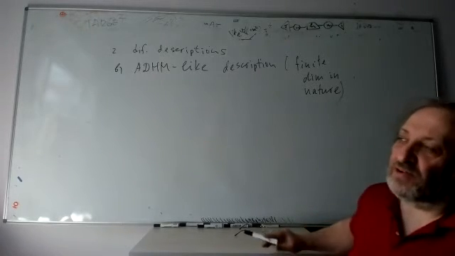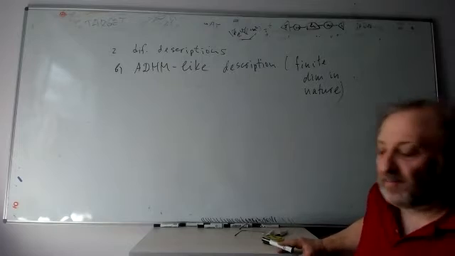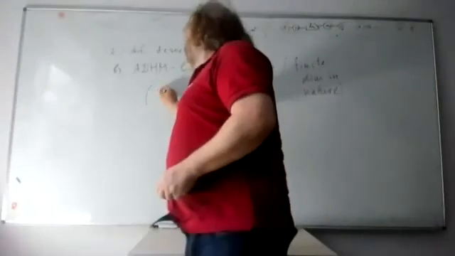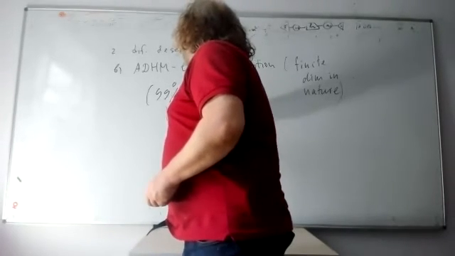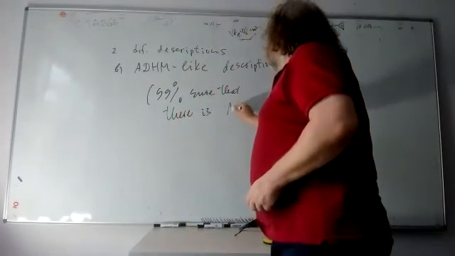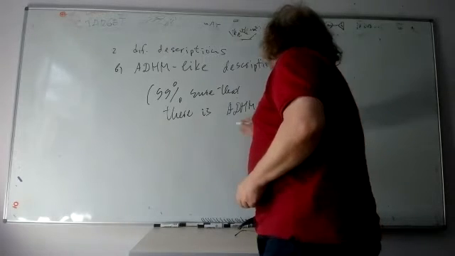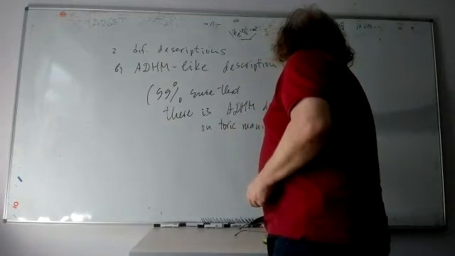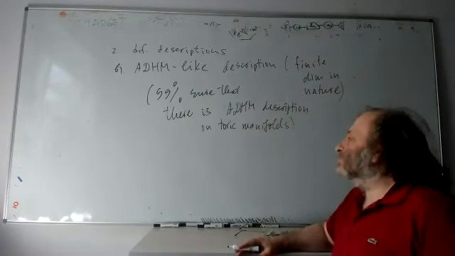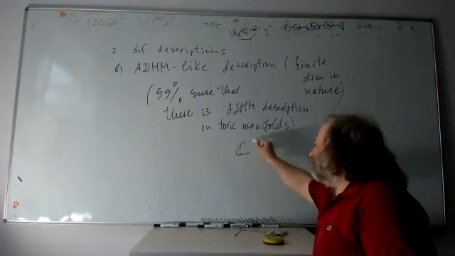So while there is no general description, I am 99% sure that there is a description on toric manifolds. So the original description is a description on C squared.